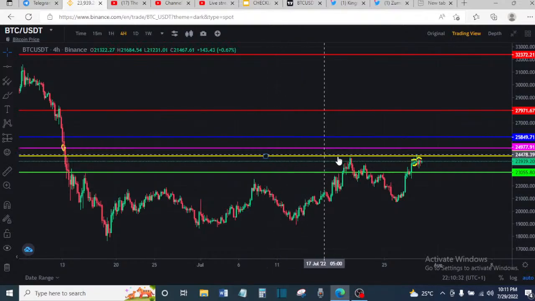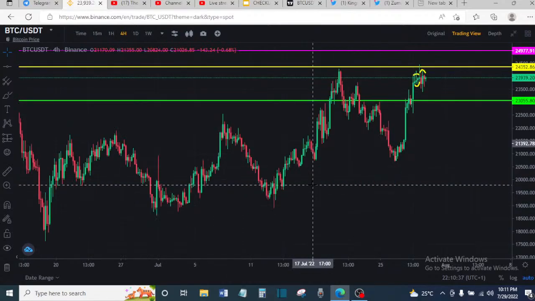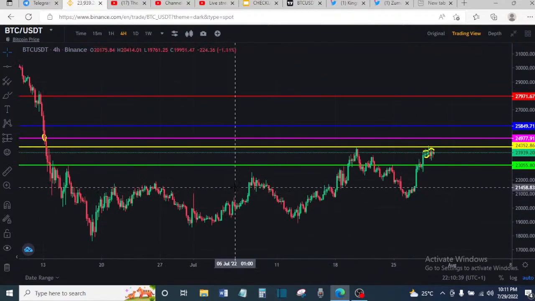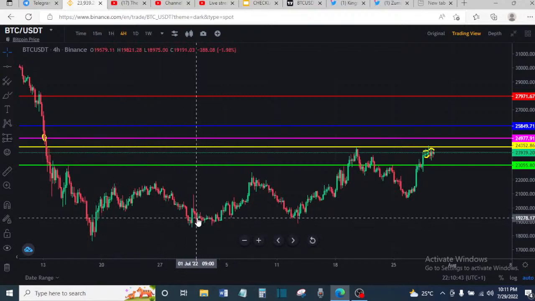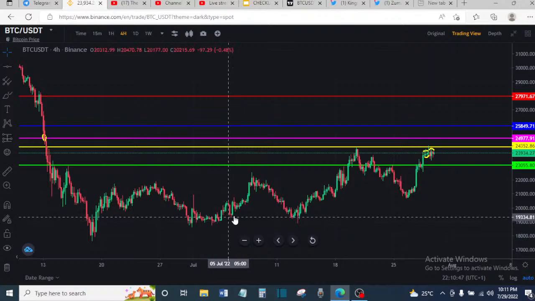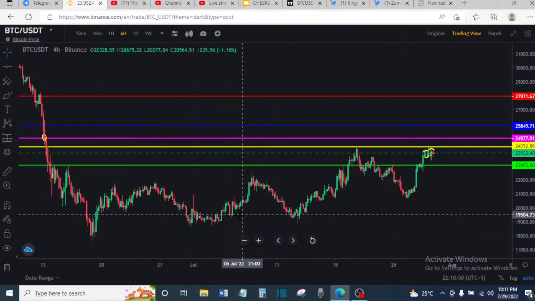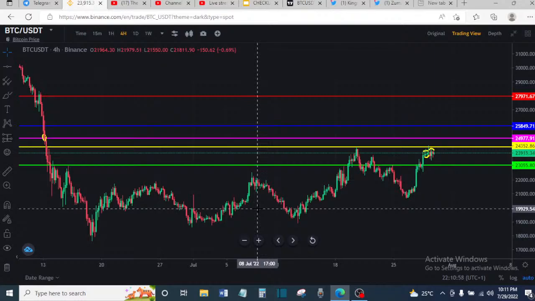I explained to you that Bitcoin has created a structure. Sorry, not Bitcoin. Price generally creates a structure. Price creates a structure to take out stops, and they have a methodology in the way they take out the stops. Now, they can take out the stops by moving.